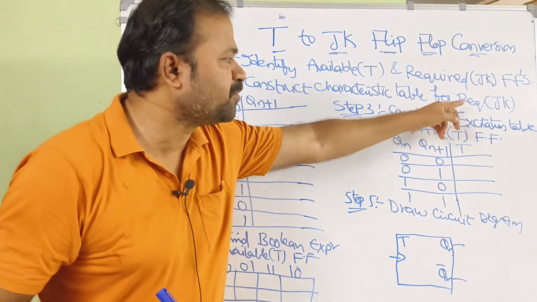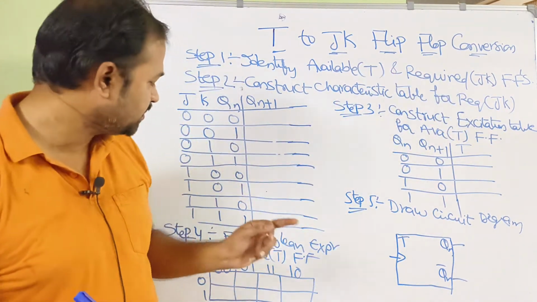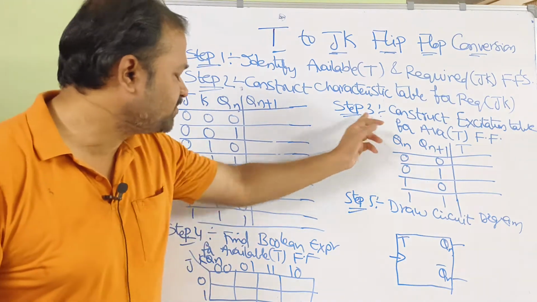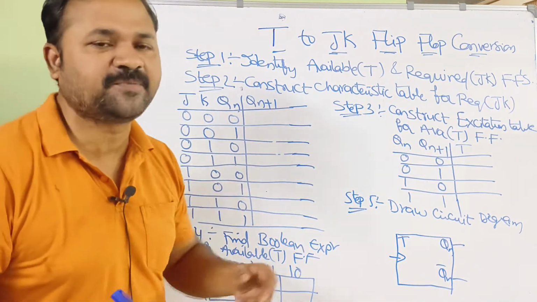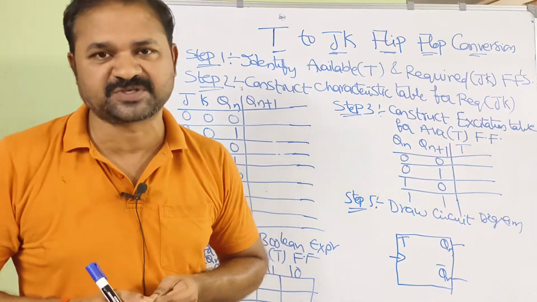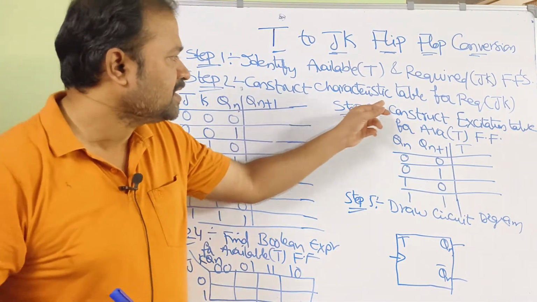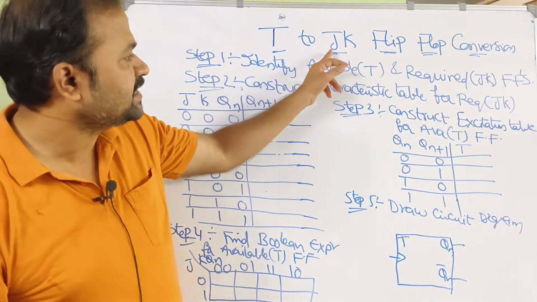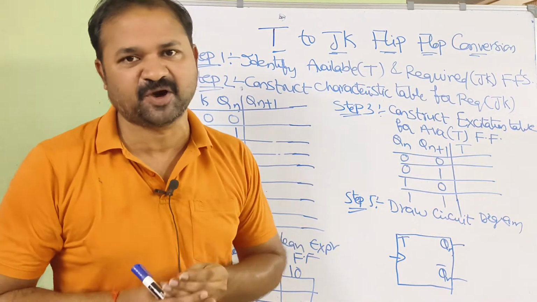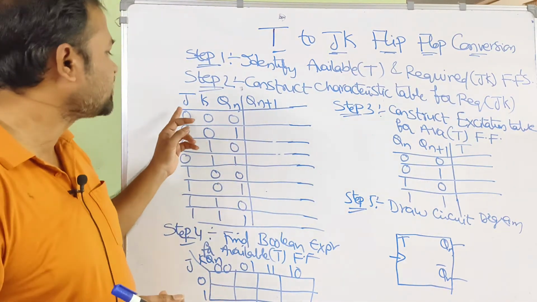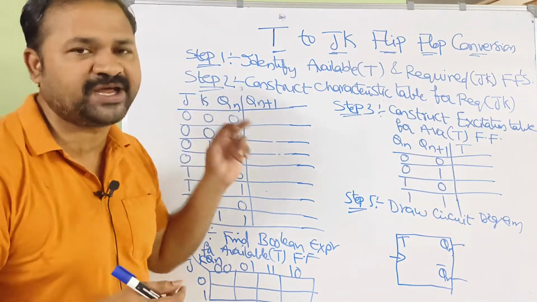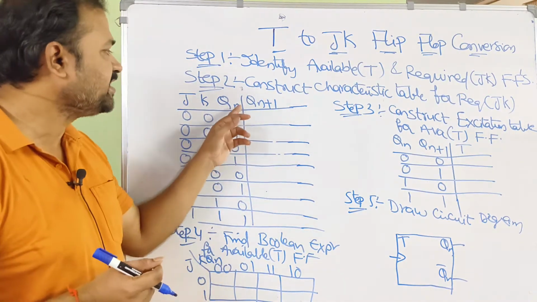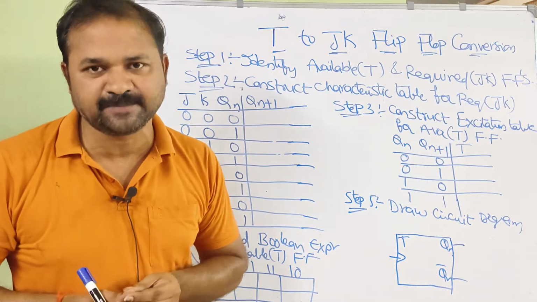Step 2 is based upon the required flip-flop, whereas step 3 and step 4 are based upon the available flip-flop. Step 2, construct the characteristic table for the required flip-flop, that is the output flip-flop, JK flip-flop. Here J, K and Qn are the inputs, whereas the output is Qn plus 1.